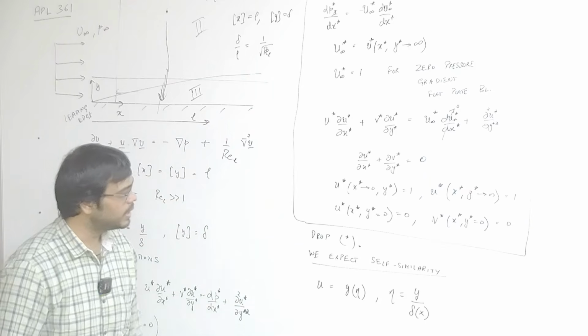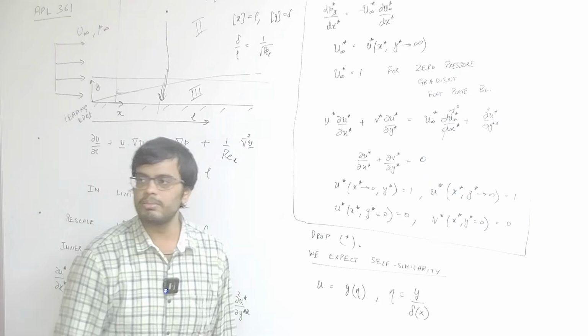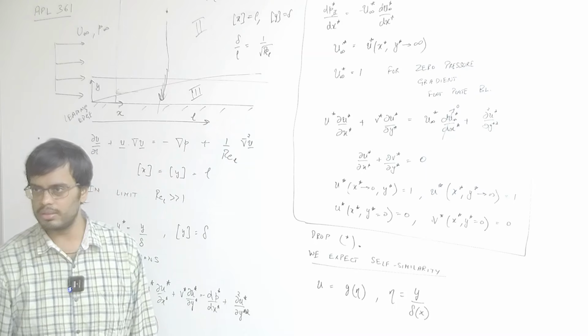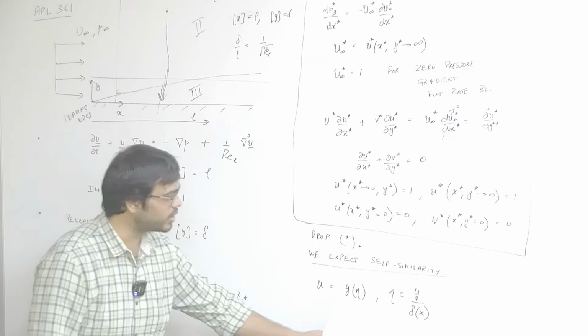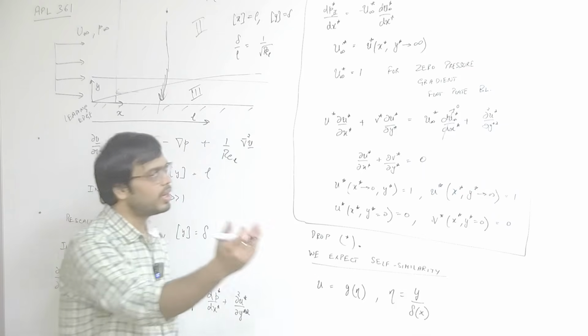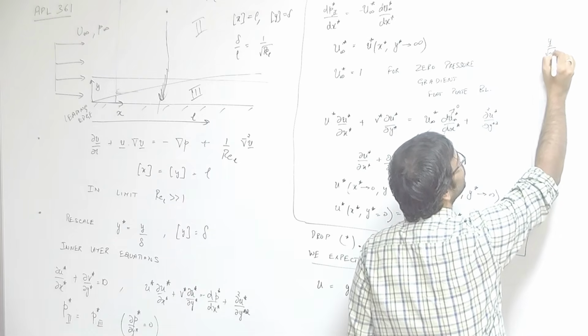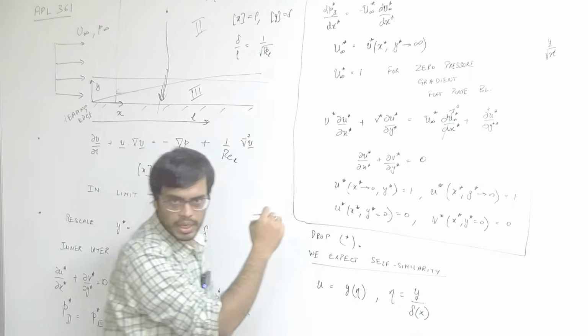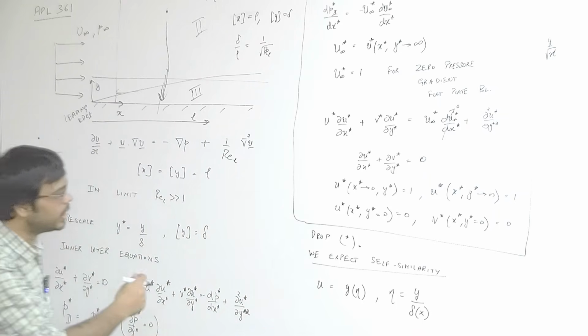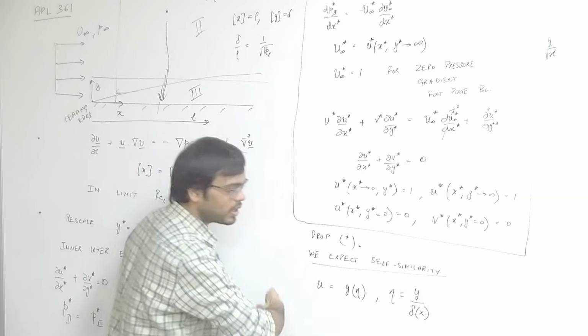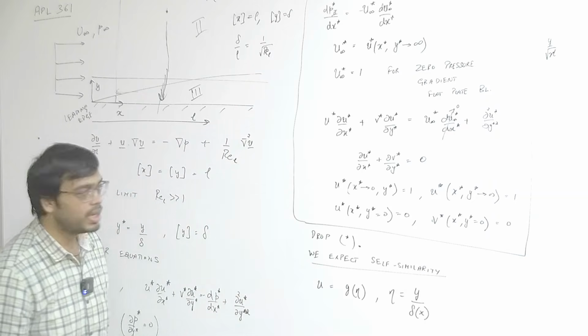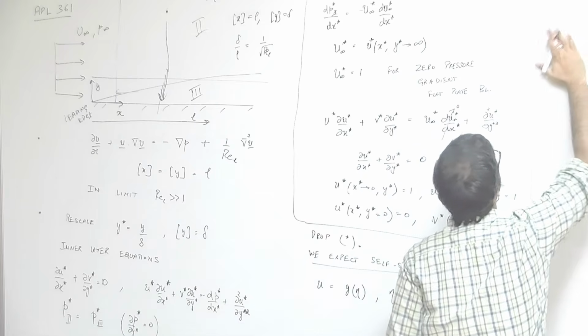This delta of x is some function. If you recall, in our impulsively moving plate we had y over square root of nu t. We will have some delta of x under which the self similarity will be valid, and we will derive that just now.